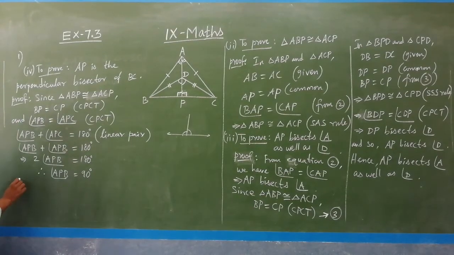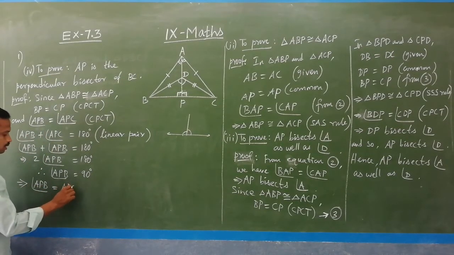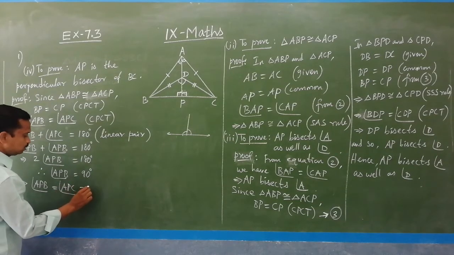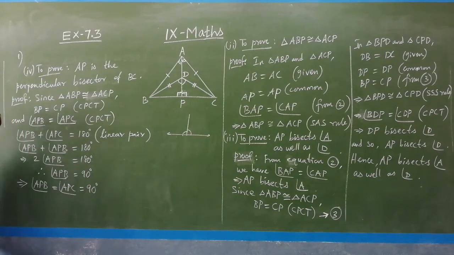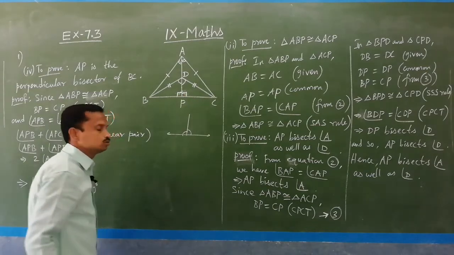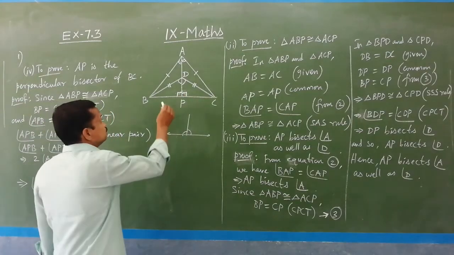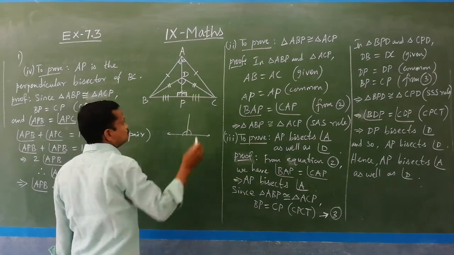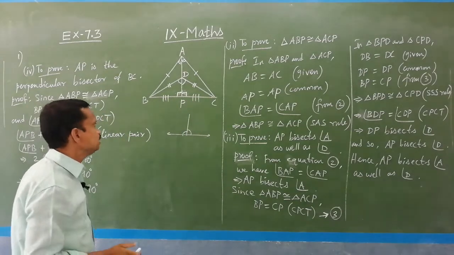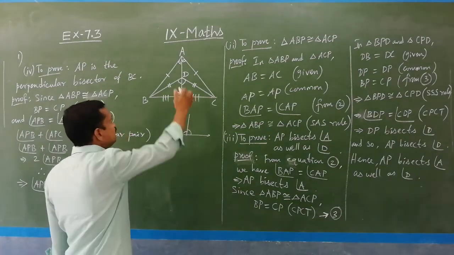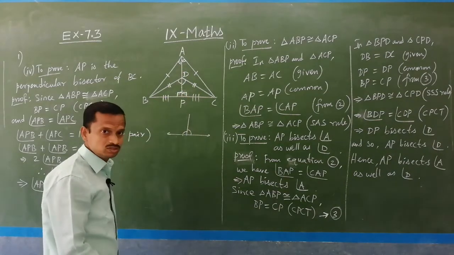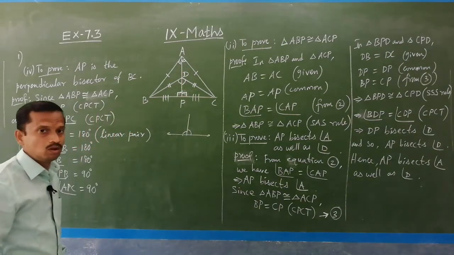This implies, now you can substitute here, APB equal to APC, both are 90 degrees, because this is equal to this. By applying this, we can write each angle is 90. So now we can say that the segments BP and CP are equal, and also AP makes 90 degrees with the base, therefore P is the midpoint.